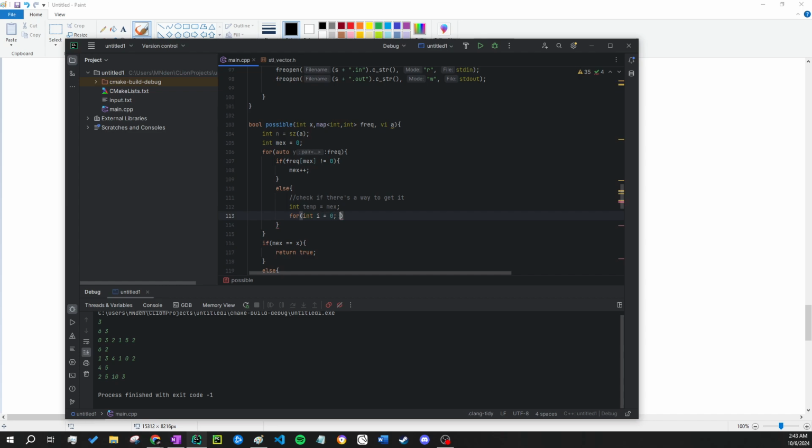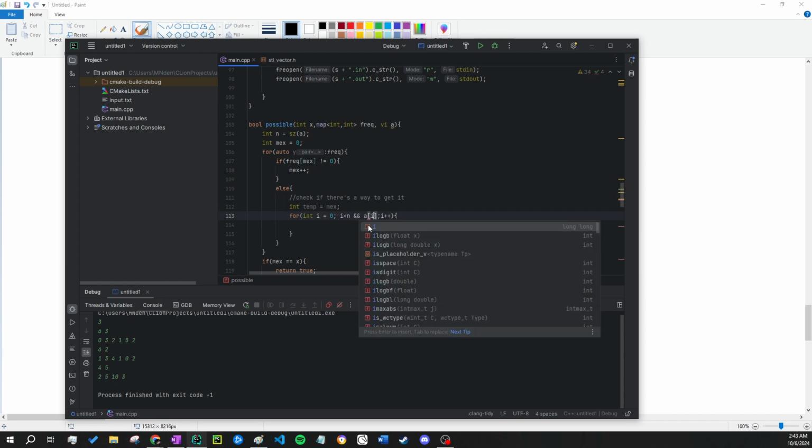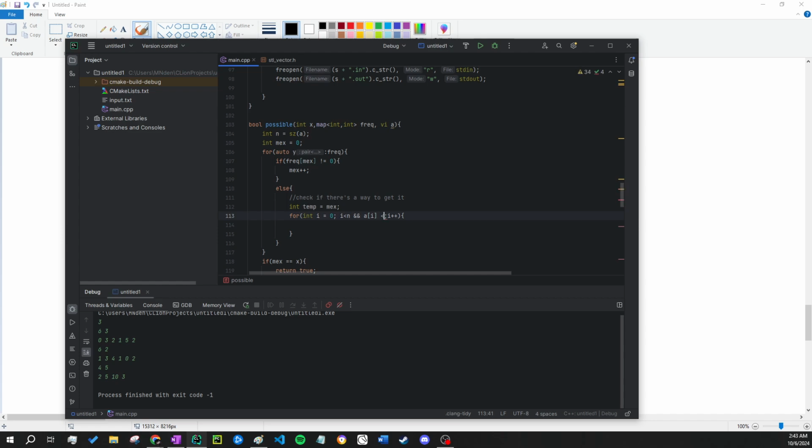I mean, you don't need to iterate backwards. You can switch forward, it doesn't matter, because we're going to stop if it's lesser than.